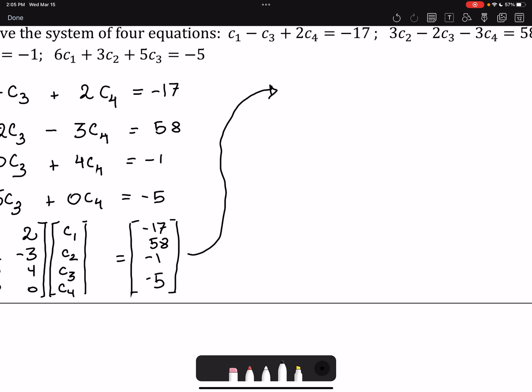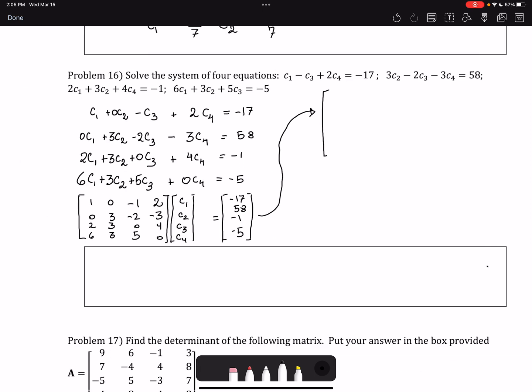So we can actually devise an augmented matrix: 1, 0, minus 1, 2, and 0, 3, minus 2, negative 3, and 2, 3, 0, and 4, and finally 6, 3, 5, and 0. Okay, I'm augmenting this and I'm putting the results here: negative 17, 58, negative 1, and negative 5.